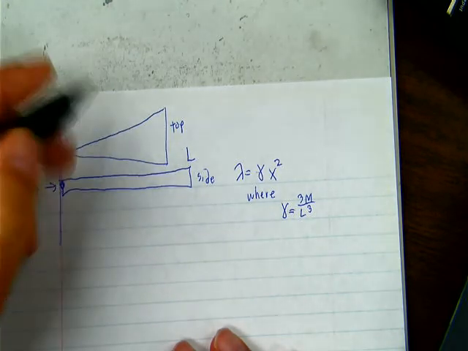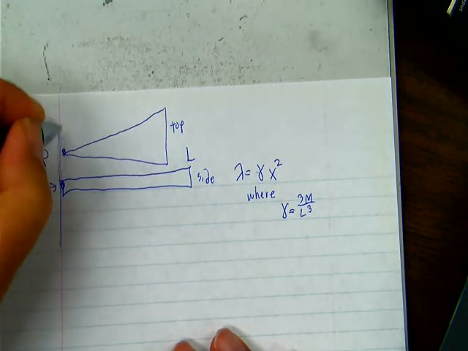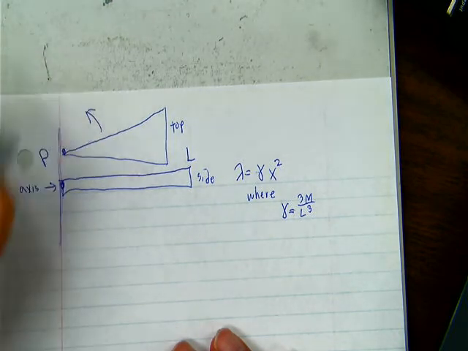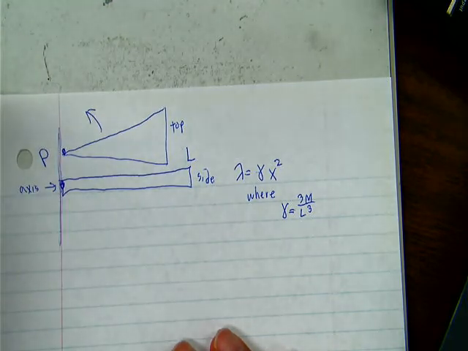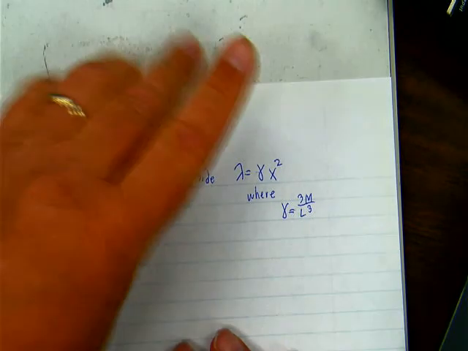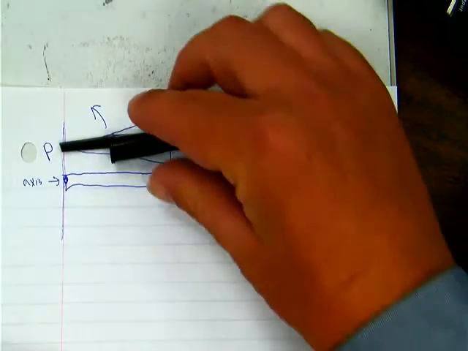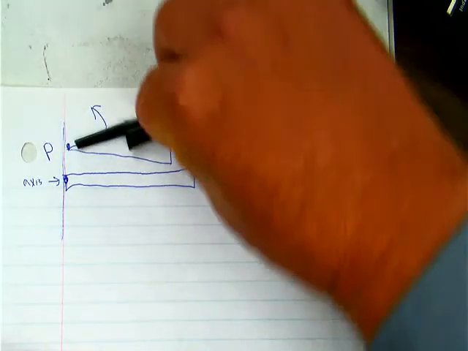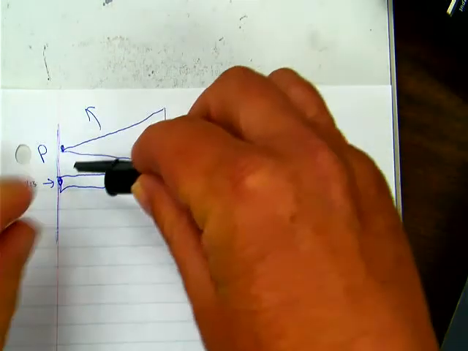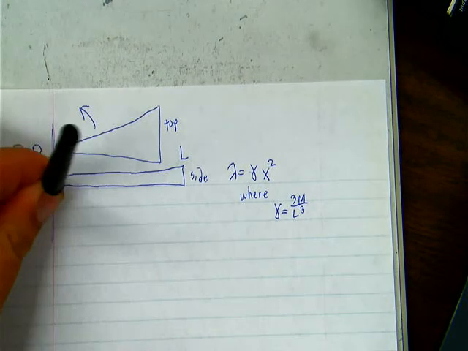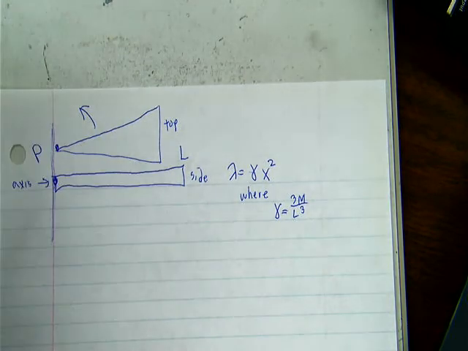If we look at the top-down view, everything is rotating about the axis like this. If this pen cap represented the object, in this top view, it's rotating like this about the axis of rotation. In the side view, it's perpendicular to the plane of the paper, rotating this way.